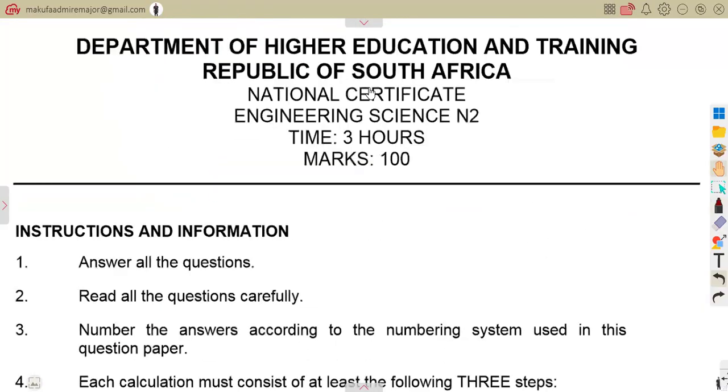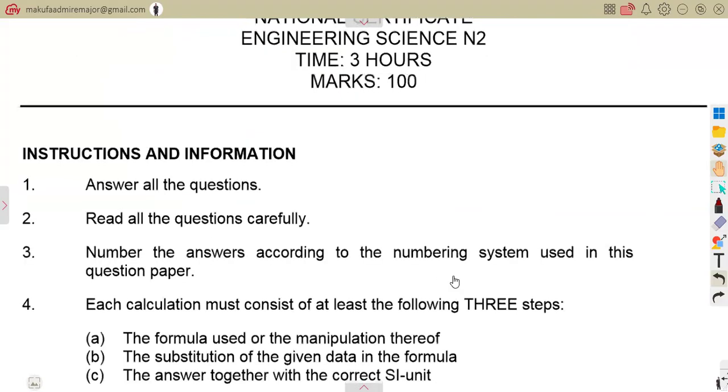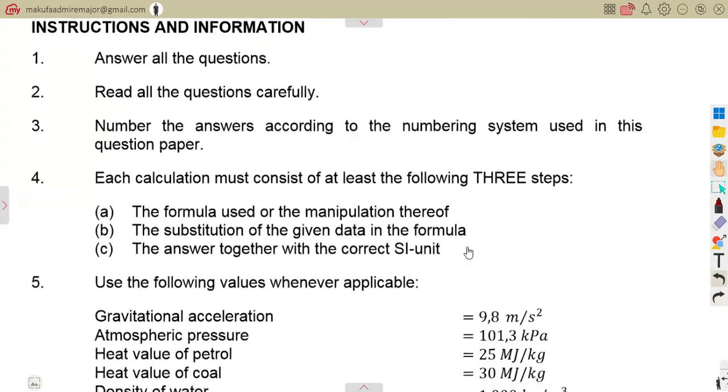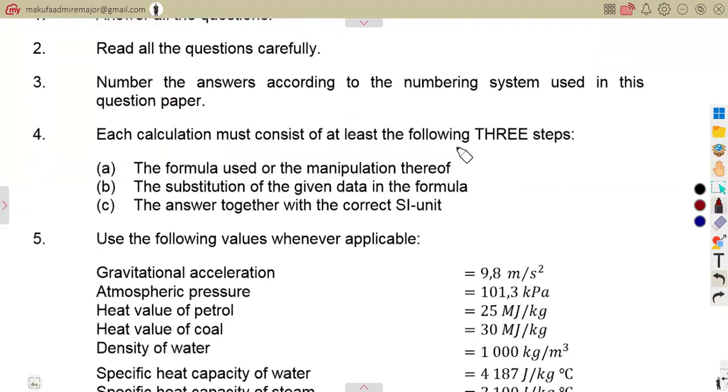Make sure that you go through your instructions and information when answering your questions. If you have calculations, you are supposed to show these three steps: the formula that is used and the manipulation thereafter, the substitution, and the answer together with the correct SI unit.